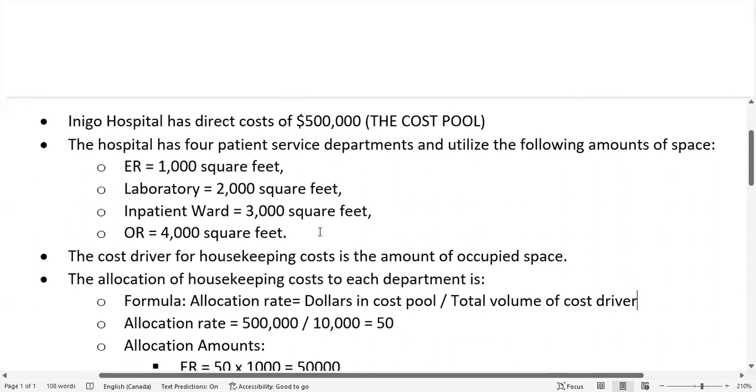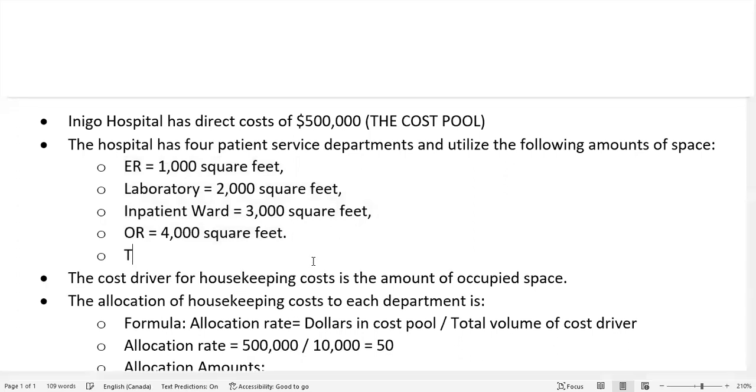So to calculate the total volume of the cost driver, we just add all the departments that contribute to that cost driver. So in this case here, we would just need to calculate that total volume. Right, that's what we need to do.